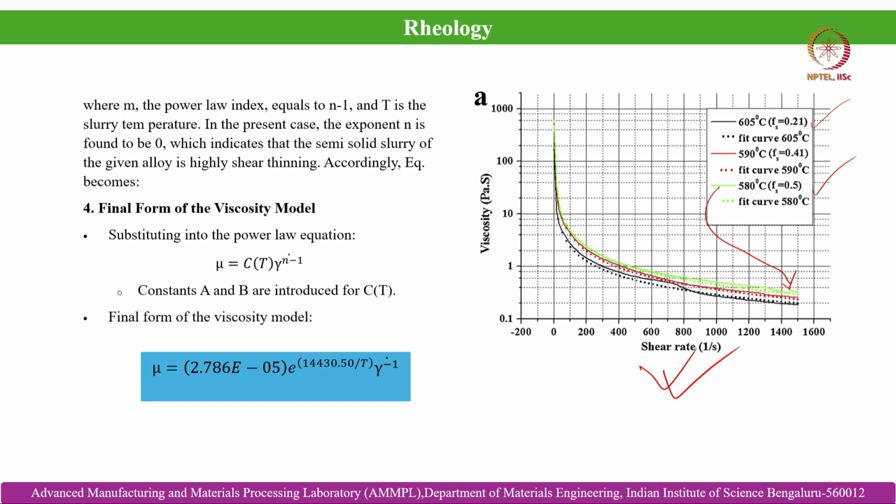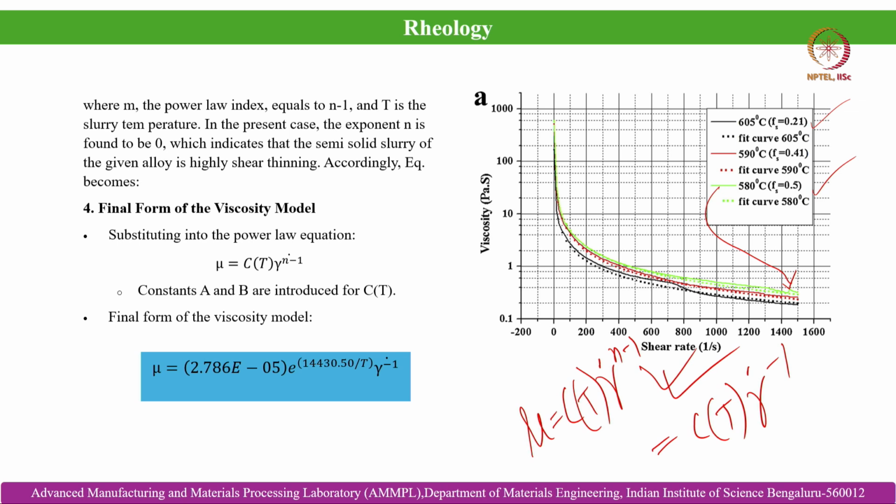So, what is the final form of the viscosity model? As we know, mu is equal to C, the power law constant, times shear rate to the power n minus 1, and we have evaluated the shear exponent as n equal to 0. So, C(T) gamma dot to the power minus 1.